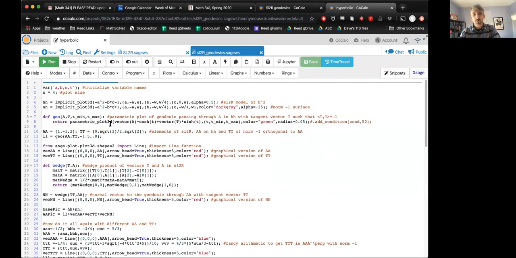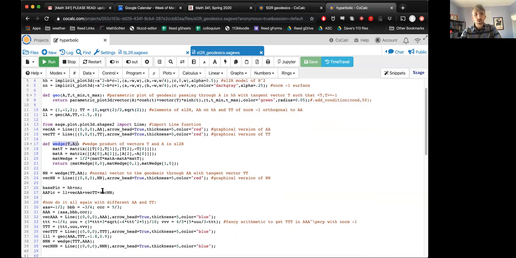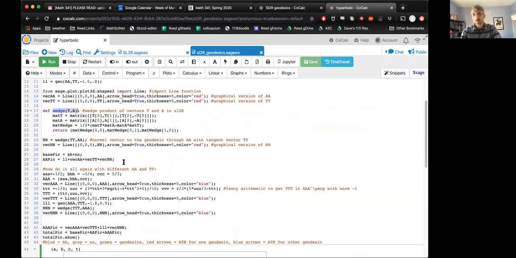We're doing some parametric plotting of some curves. I'm telling it the initial data, A and T, and then more or less just doing the parameterization that I wrote down. And then I've also defined an auxiliary function which takes the wedge product of two things. So you can go in and look at that in case it's something you want to play around with.